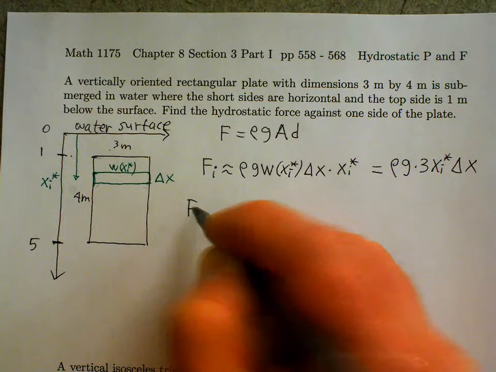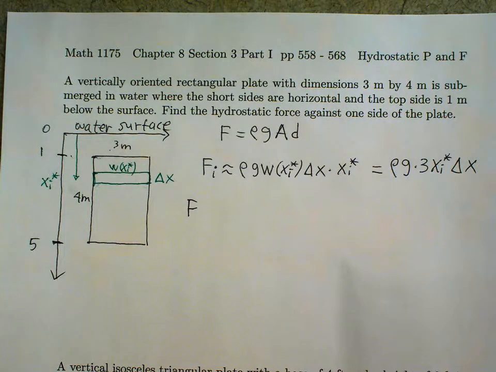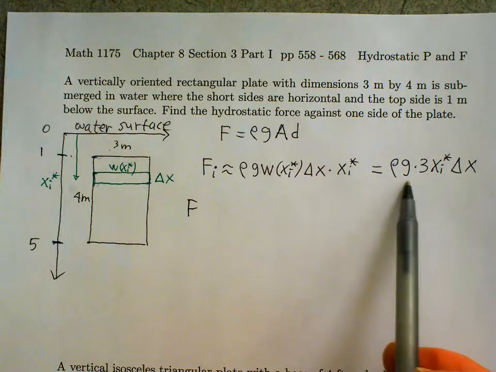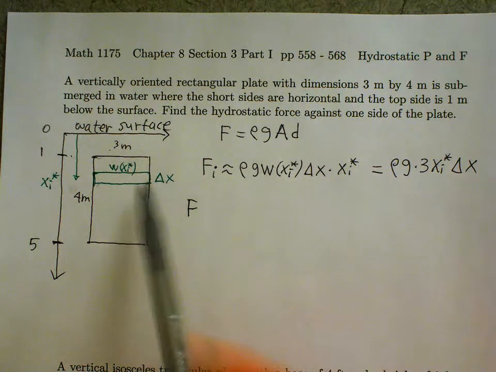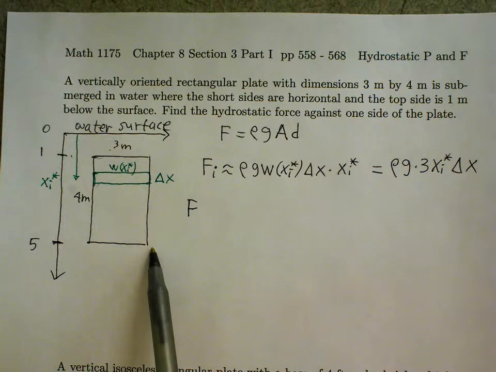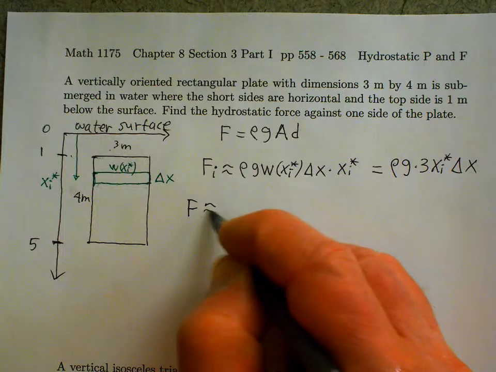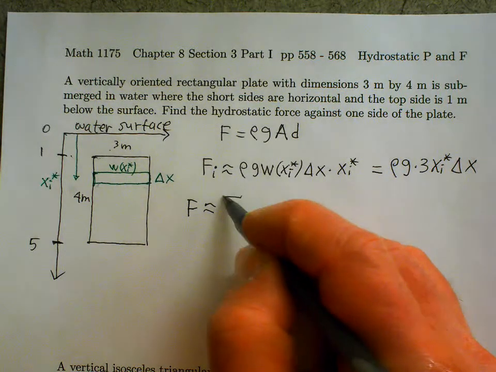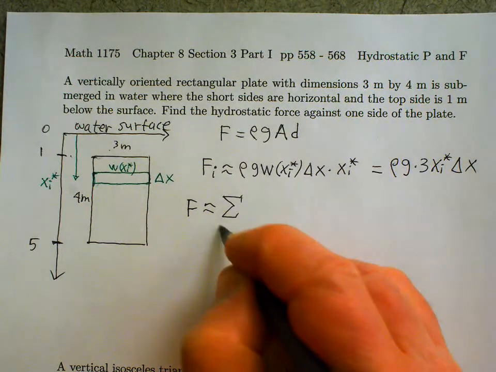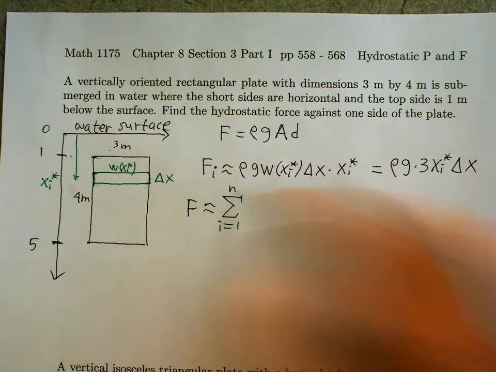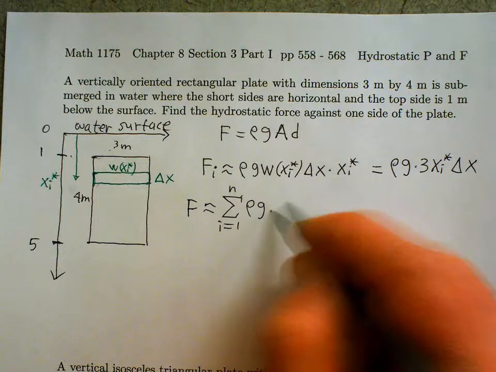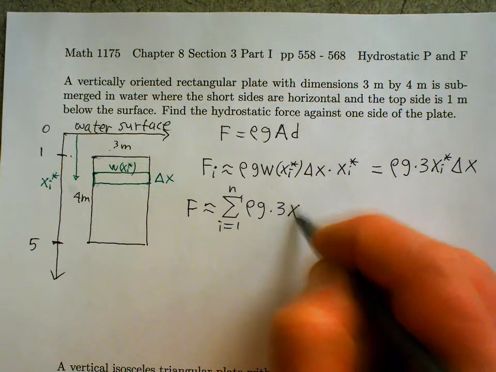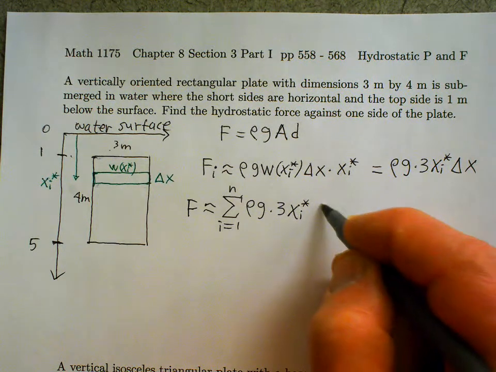Just for practice, let's write down the Riemann sum. We get one of those terms for each of the n rectangles. So the entire hydrostatic force on one side of the rectangular plate is approximately equal to the Riemann sum from i equals 1 to n of rho times g times 3 times x sub i star times delta x.